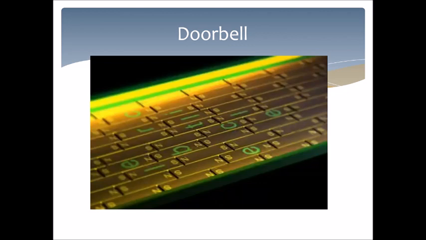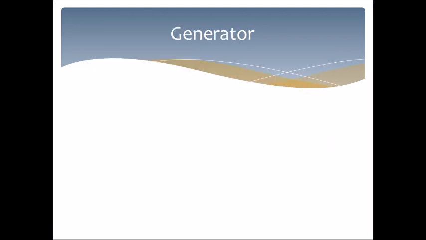Now let's see how we can use magnets to produce electricity. A generator. A generator is a device that produces electricity. The generator uses magnets to generate electricity. How? The first way is by moving a magnet inside a coiled wire.